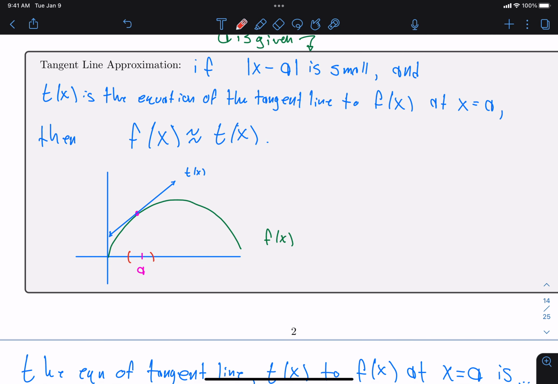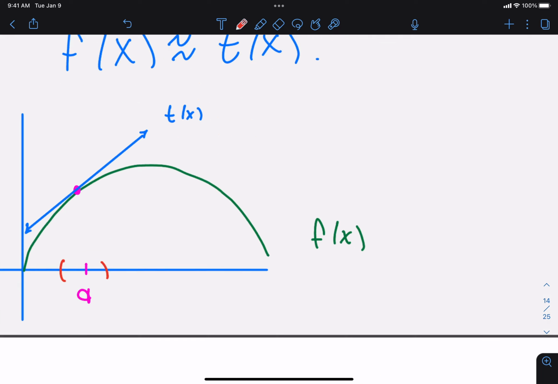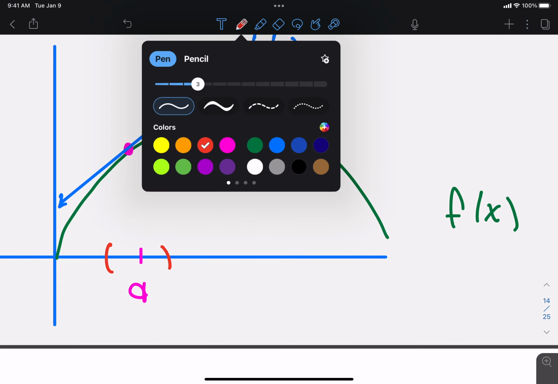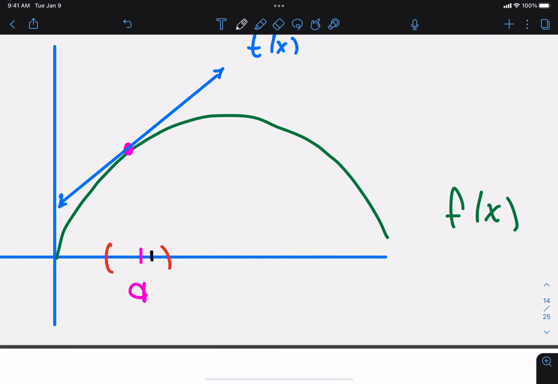All right, so if we're close to a, then what is true? F of x, the height of the function, is close to t of x, the height of the tangent line. Okay? So what does it say? It says, look, if you pick an x value which is pretty close to a, like this one, then what is true? This height here is f of x.